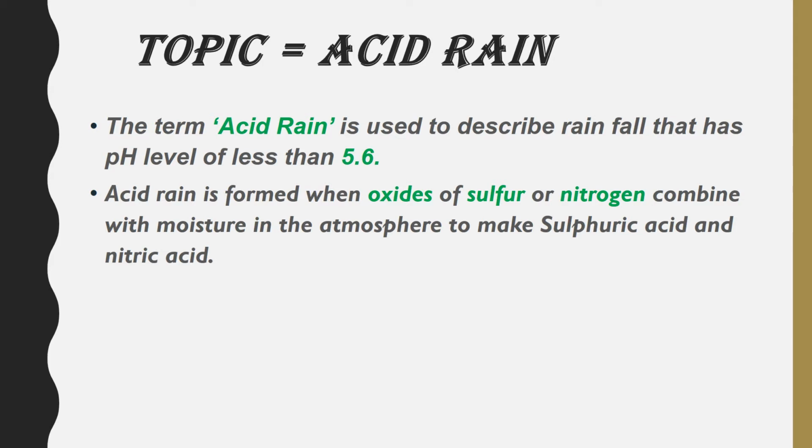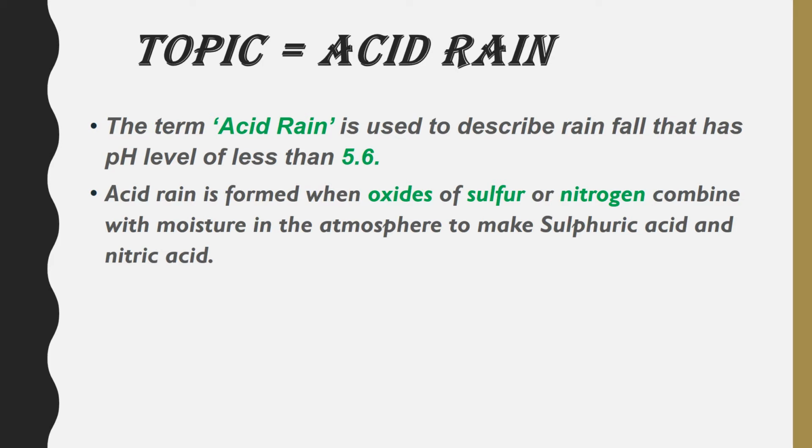The solution which is pH 7 will be called a neutral solution. So if we determine the pH level of the acid rain, it gives a result less than 5.6, so it is acidic, and therefore we call it acid rain.